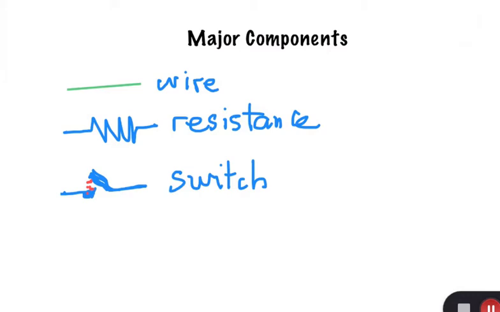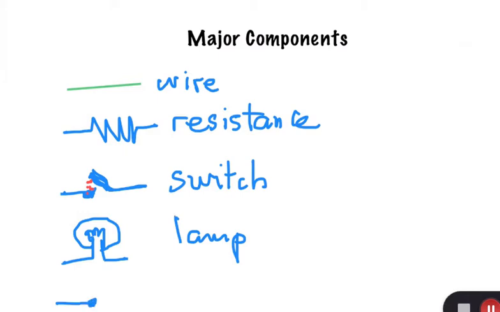Next one, when we see this symbol here, just like a filament within a bubble, of course, that's a lamp. This one here, a wire, and then you have something like a letter S. That's a fuse.